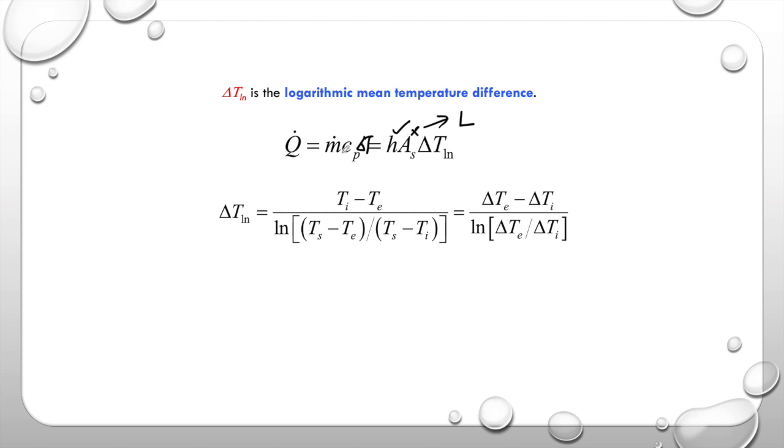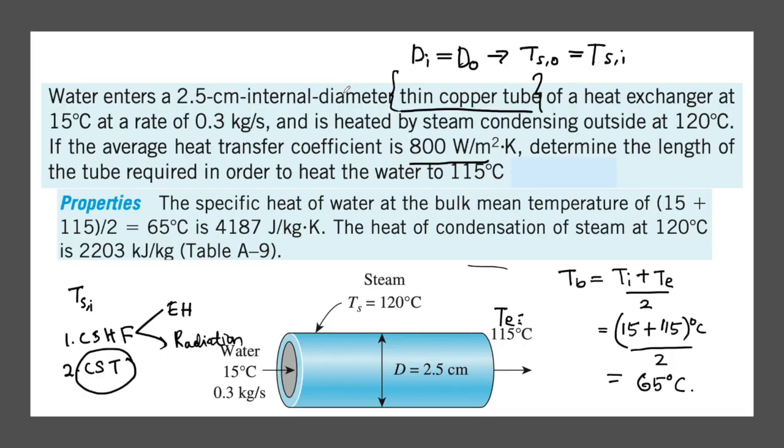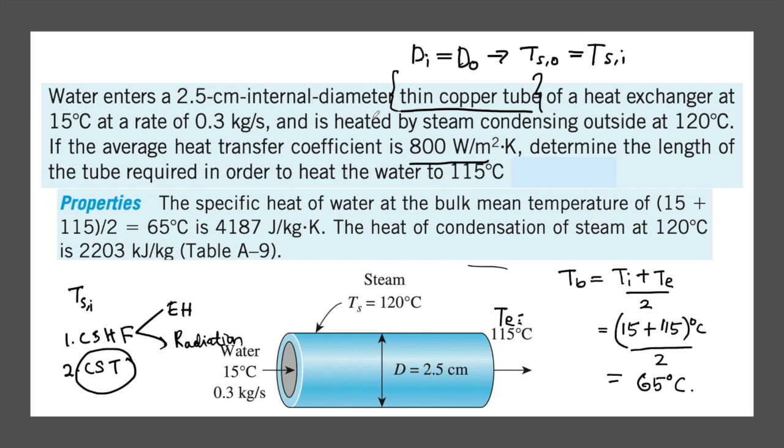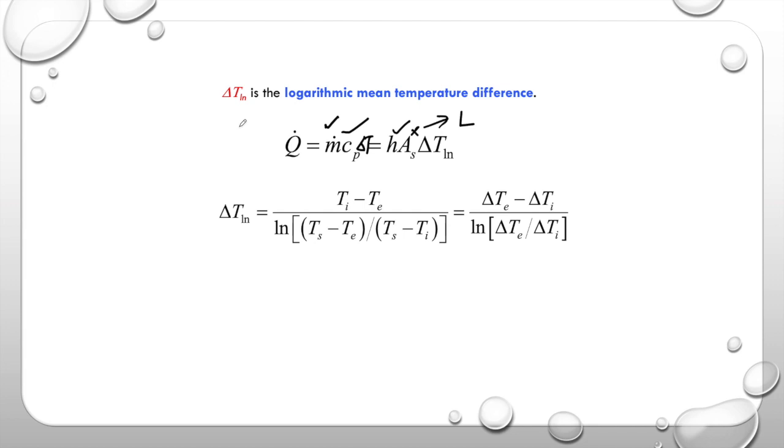Okay. Now, what about m dot Cp delta T? Yes, the mass flow rate m dot is given in the question, 0.3 kilogram per second. And then Cp is from the bulk temperature. That is why we have to find the specific heat of water at bulk temperature, 4187, and then we already have this.